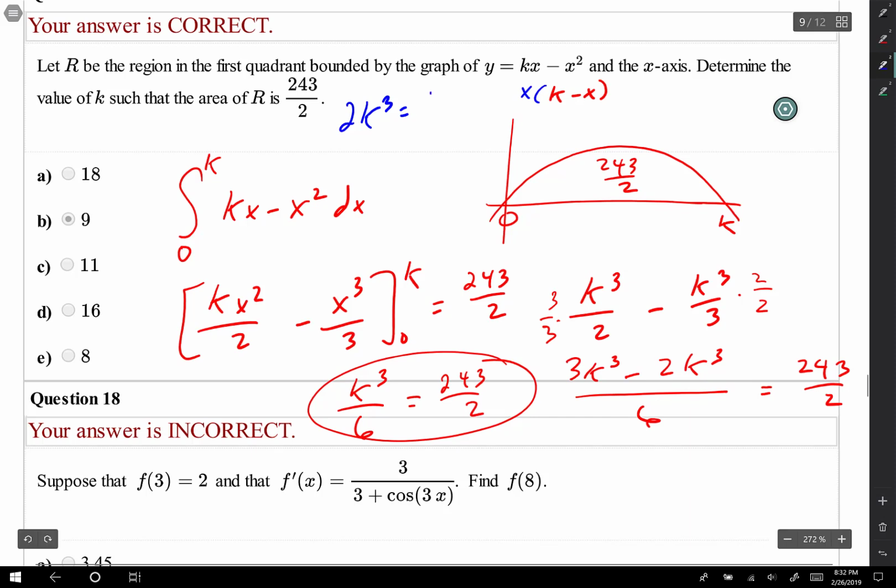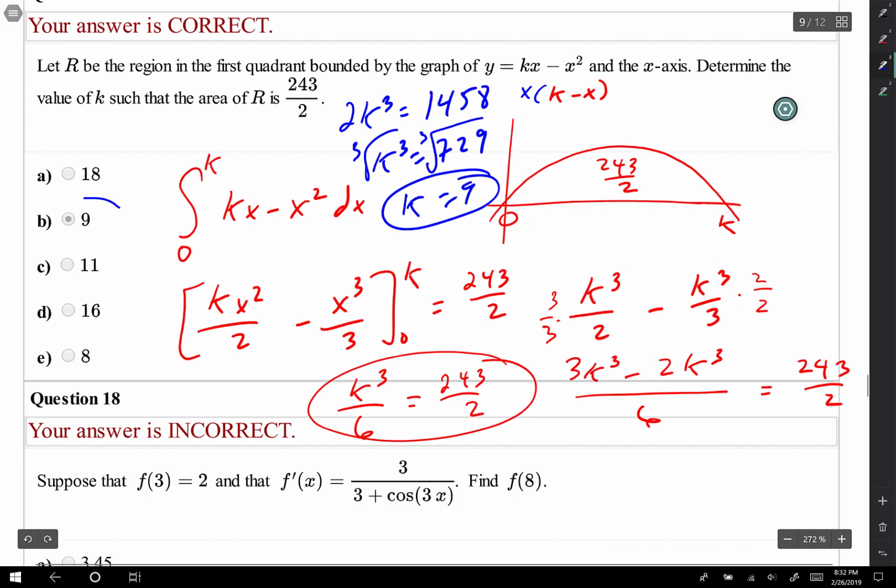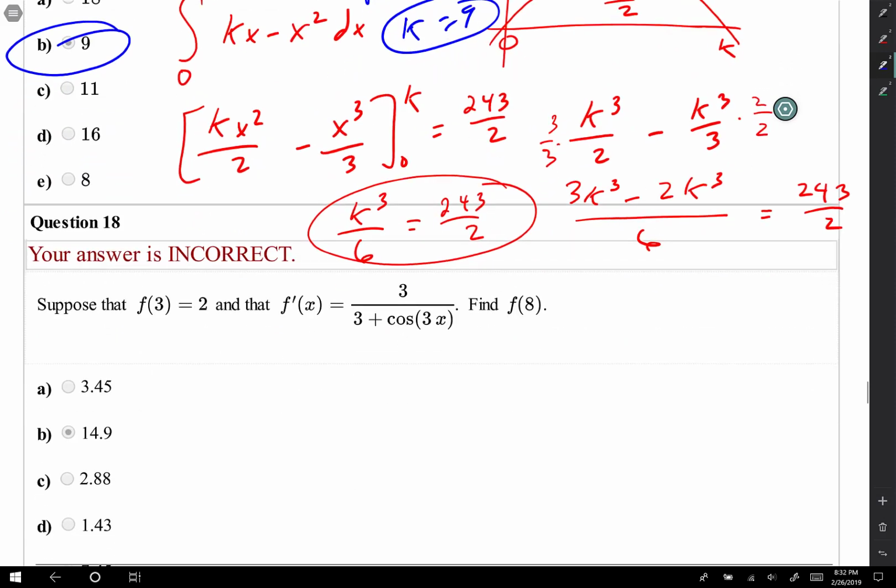It doesn't matter. 1458 divided by 2, so I get k cubed equals 729. I'm assuming that's a perfect cube, and it is. If I take the cube root of that, you get k equals 9. 9 to the third power is 729. Yay! Alright guys, let's keep going.